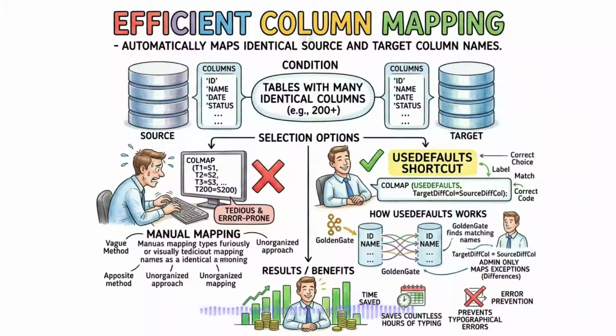A common architectural question you will face is deciding exactly where these transformations should take place. Should you perform the complex filtering and mapping on the source server using the extract, or on the target server using the Replicat?